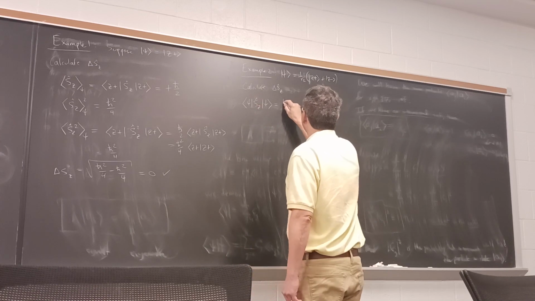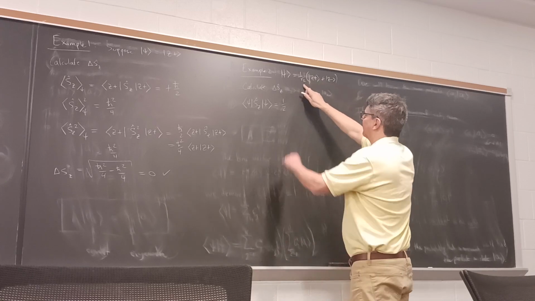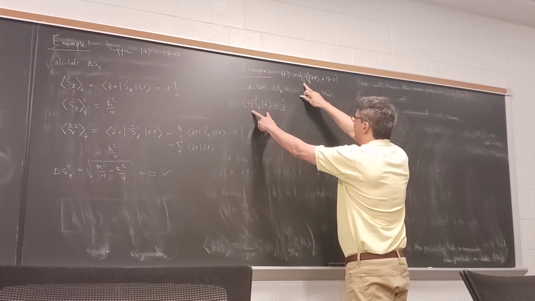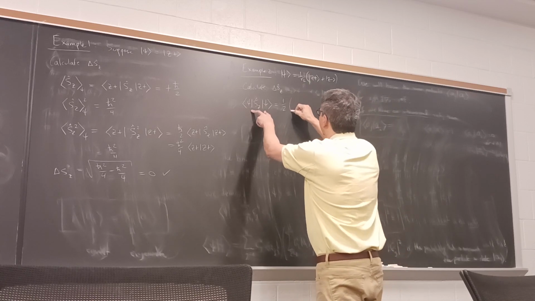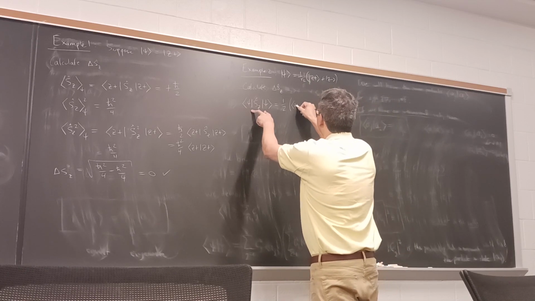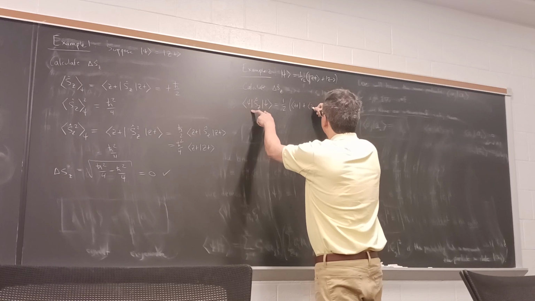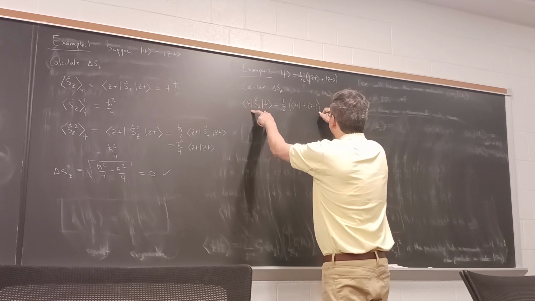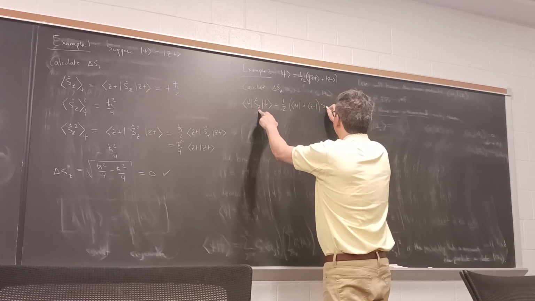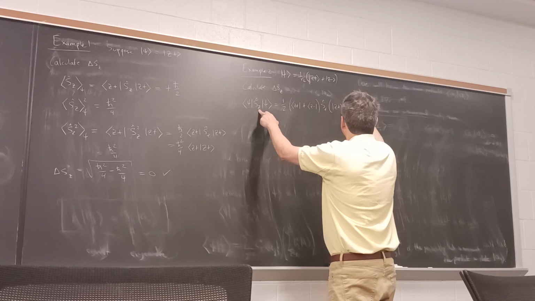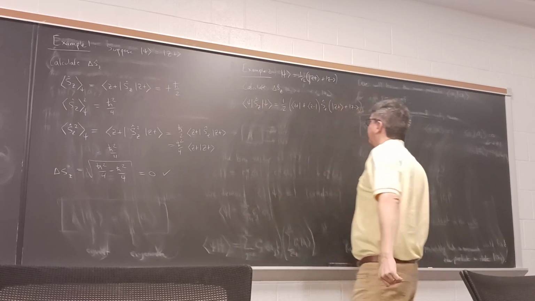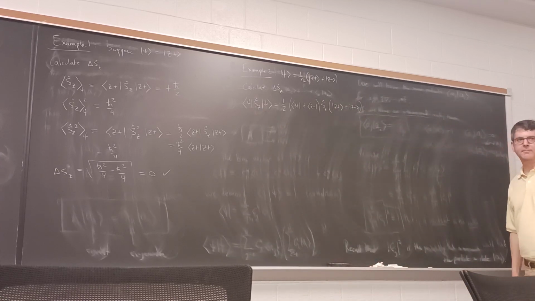When I flip this around, I'm going to get a factor of 1 over the square root of 2 from the two sides, so I'll get a half. And then we'll have z plus plus z minus, then the operator SZ operating on z plus plus z minus. Okay?